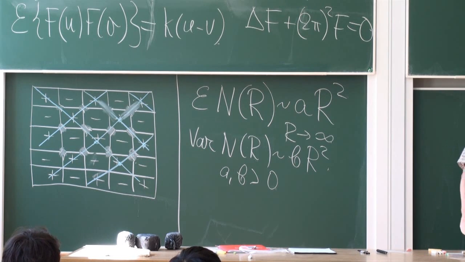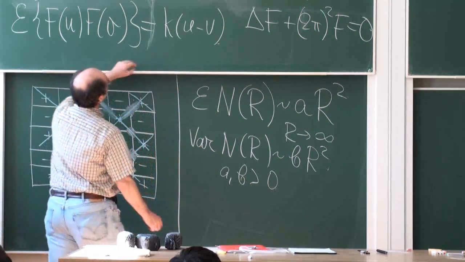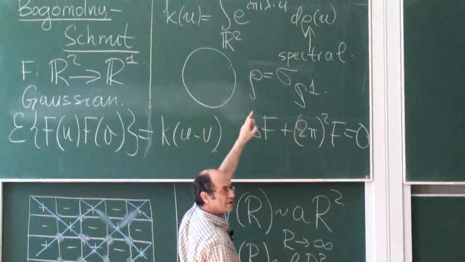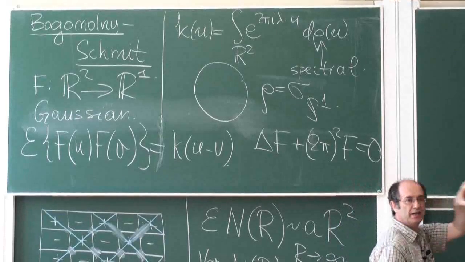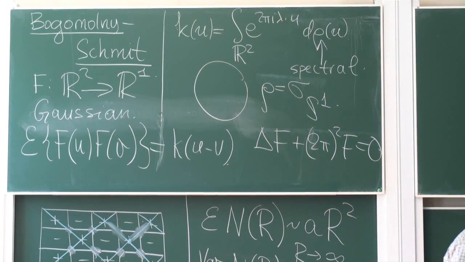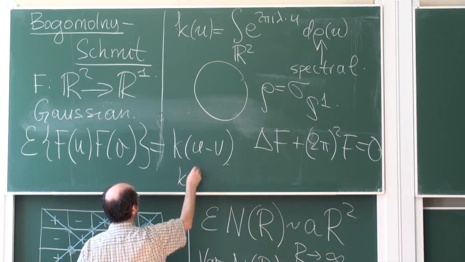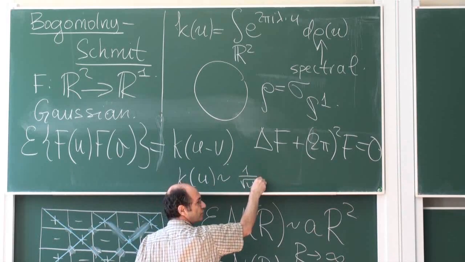Why is it non-rigorous? The reason is the very first step. If you look at the covariance function K of u, many of you know that this is simply the zero Bessel function, the Fourier transform of Lebesgue measure on the unit circle. For the zero Bessel function, the covariance goes to zero like 1 over the square root of the distance.